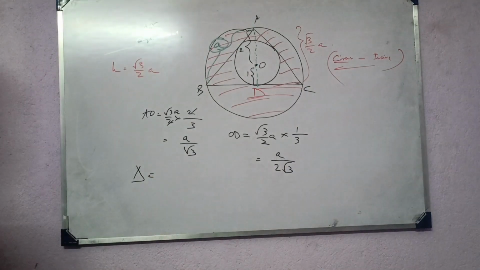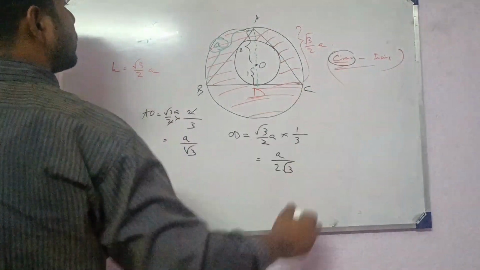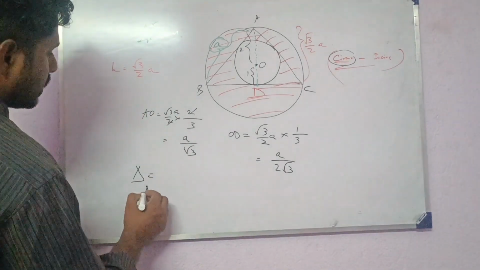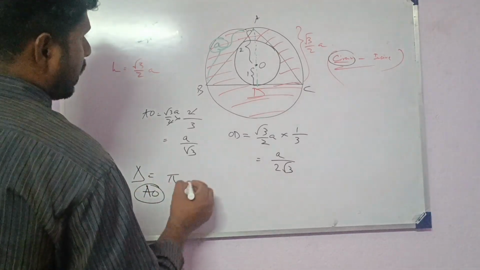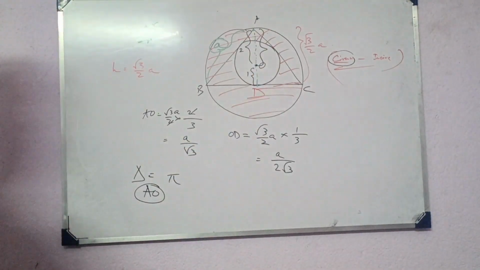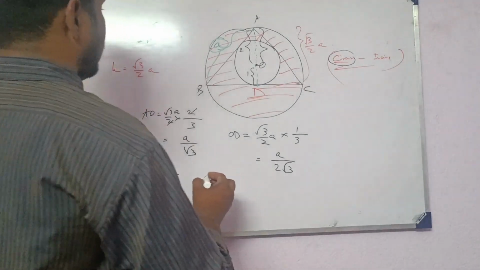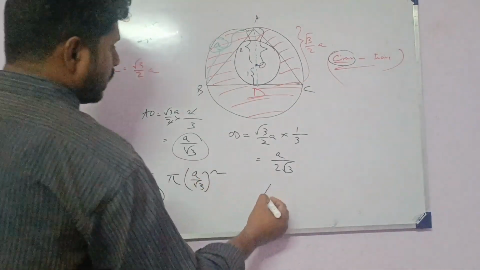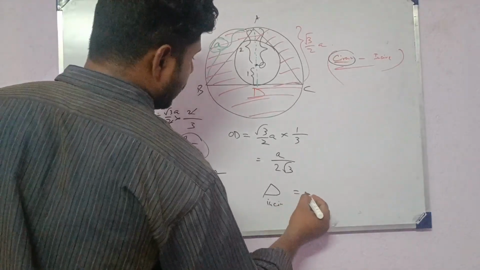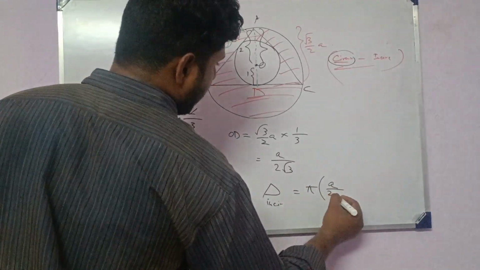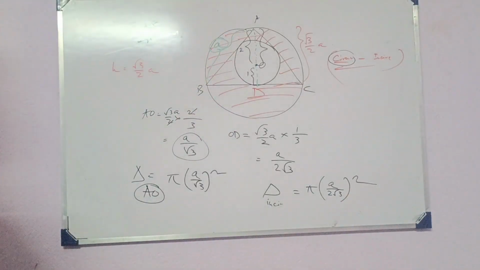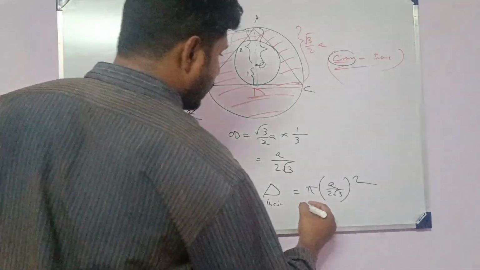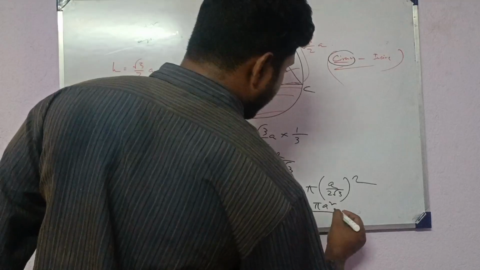The area of the circumcircle, whose radius is AO, is pi r square, that is pi into a by root 3 whole square, and the area of the incircle is pi into a by 2 root 3 whole square. Both circle areas are found: pi a square by 3 and pi a square by 12.